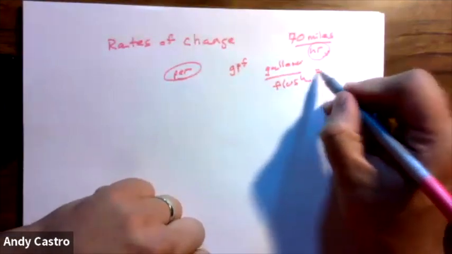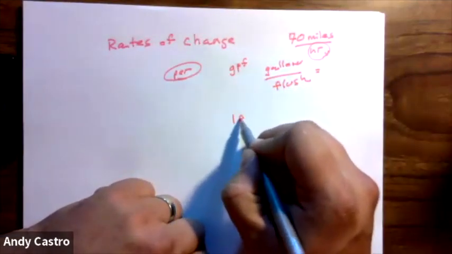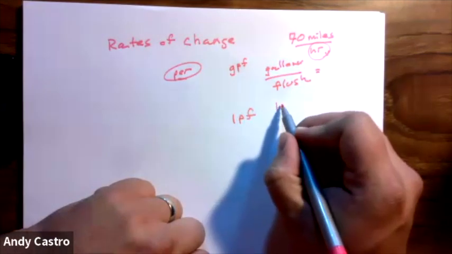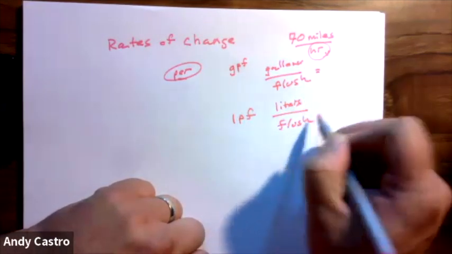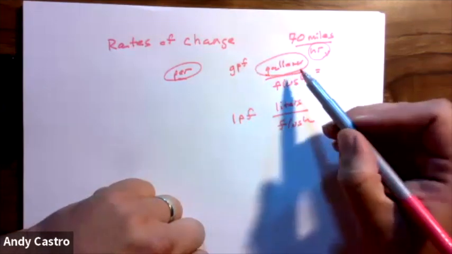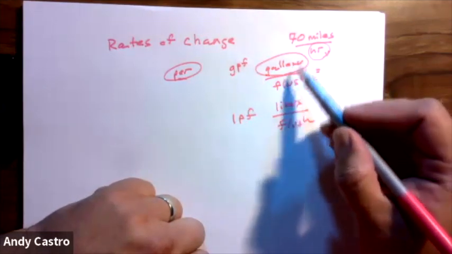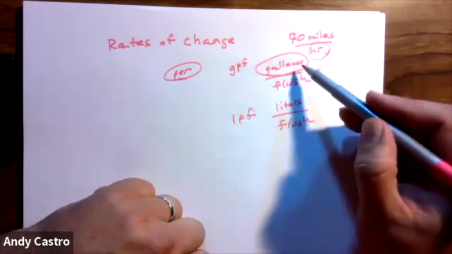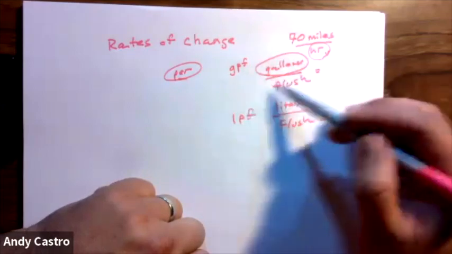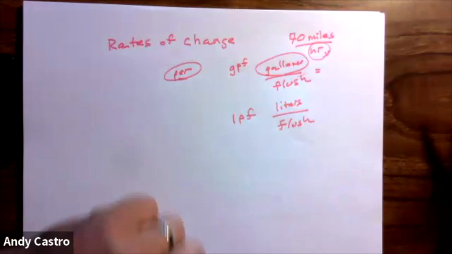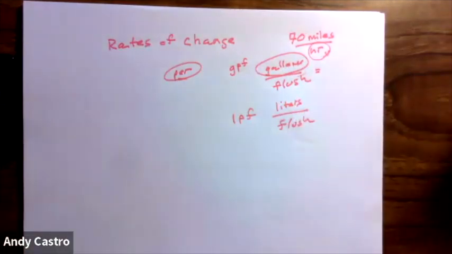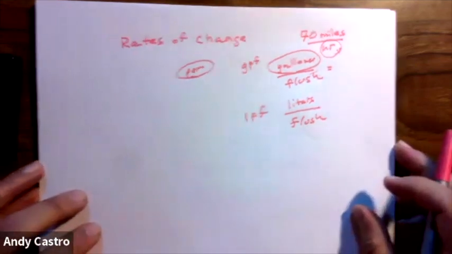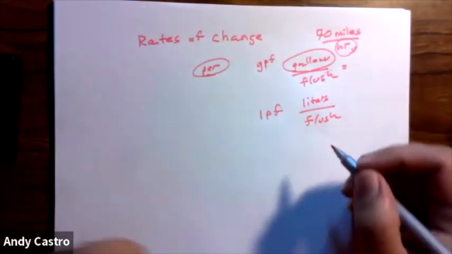Sometimes it's in liters, an LPF, and that's liters per flush. This is a certain amount of gallons for every flush. There's a certain amount of gallons of water that's going to go through, or a certain amount of liters of water.